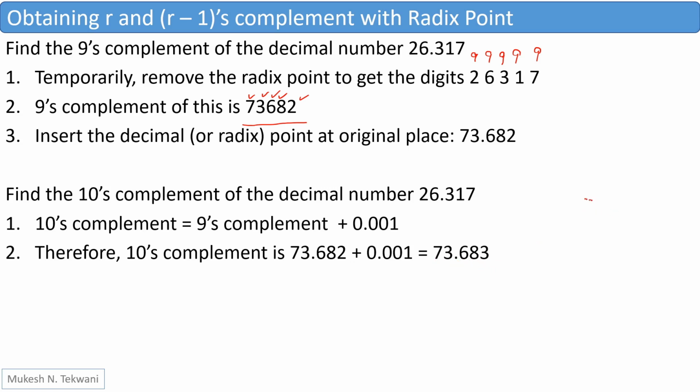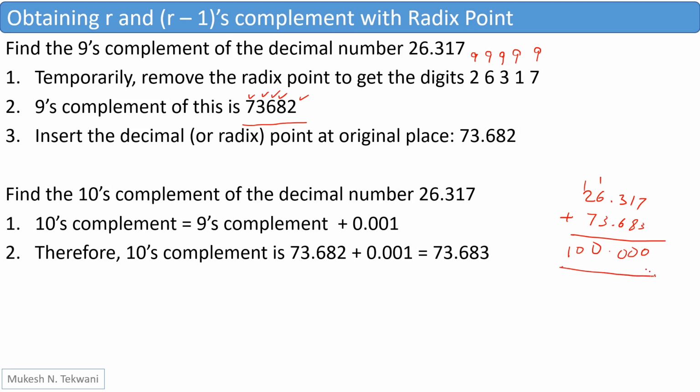And the interesting part is that if we add the original number to the tens complement, we should get the value which is 10 raised to the appropriate number of decimal places. So 7 plus 3 is 10, 0, this is going to be 0, this is going to be 0, this is going to be 0, right?